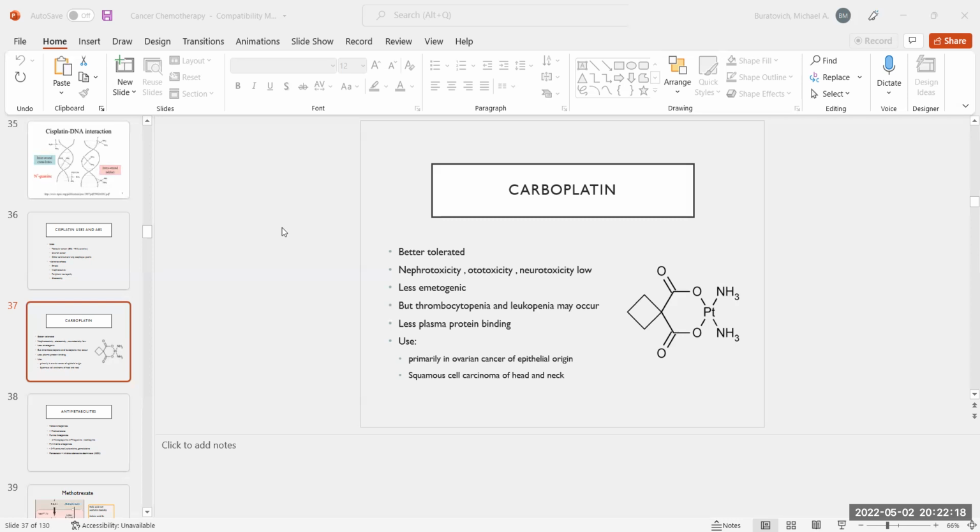So it's used for chronic myelogenous leukemia. It's also used for something called polycythemia vera. And it's also used for sickle cell disease.